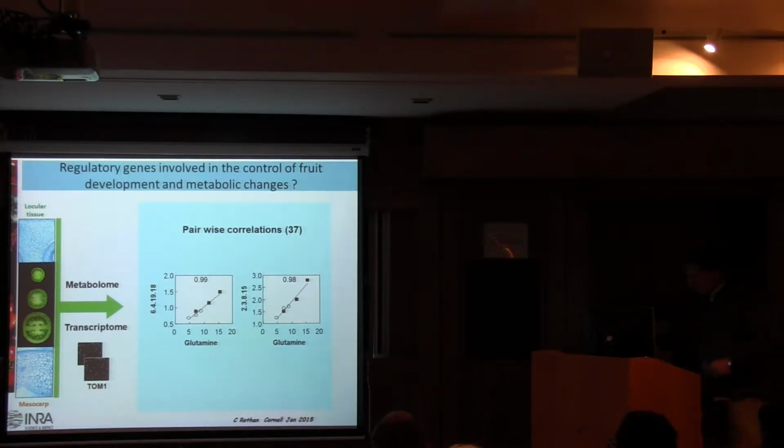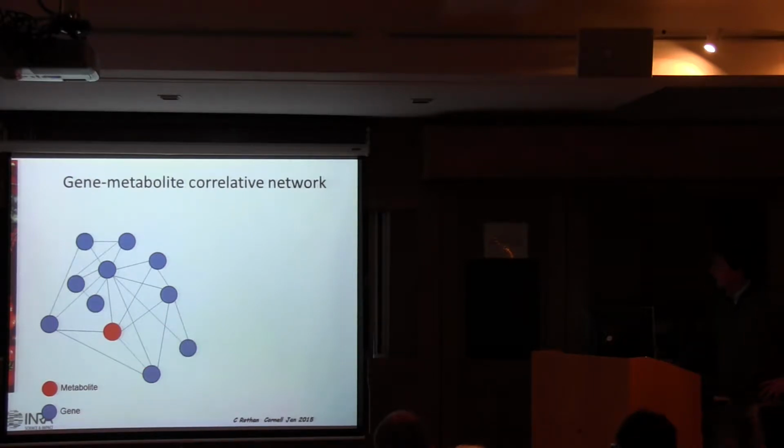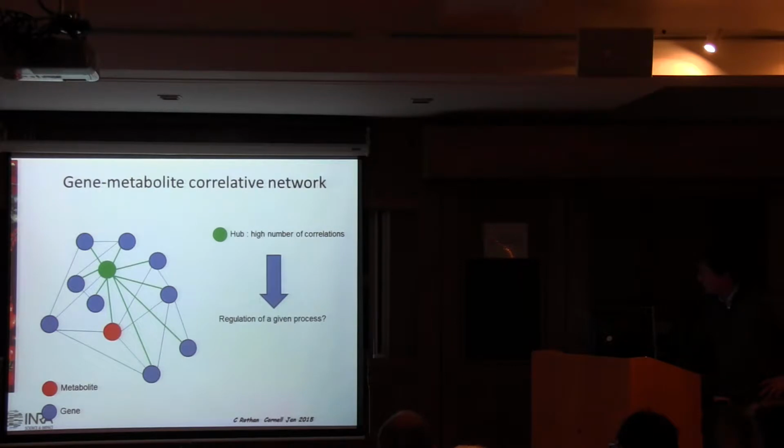And we had a large number of pairwise correlations, and we looked at these correlations between metabolites and genes, and then between genes and other genes and metabolites, looking for hubs, which are, in that case, genes with a high number of correlations.